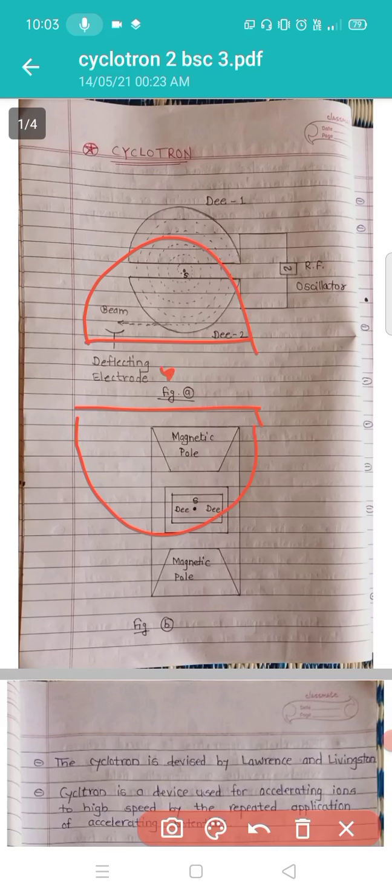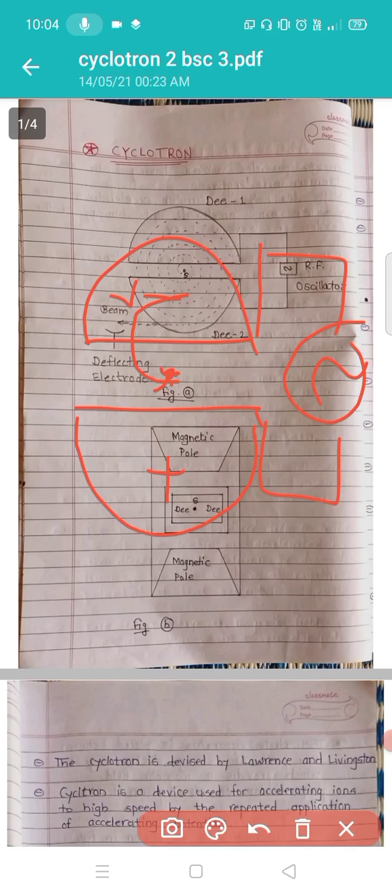When the source of ions produces a particle, it is attracted by the negative D at that moment. Suppose D first is at negative potential and D second is at positive potential. Then it is attracted by the negative potential D1 and it has the velocity v.